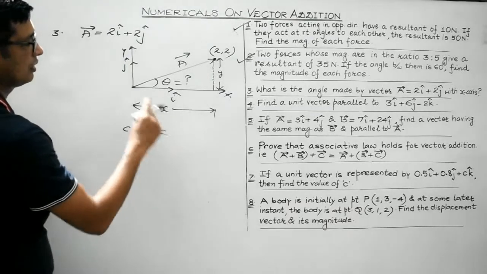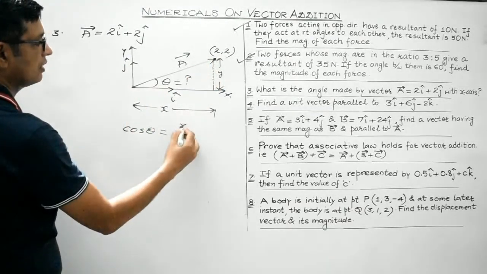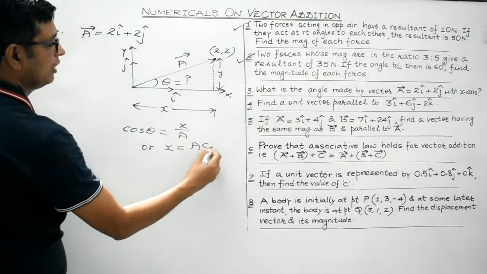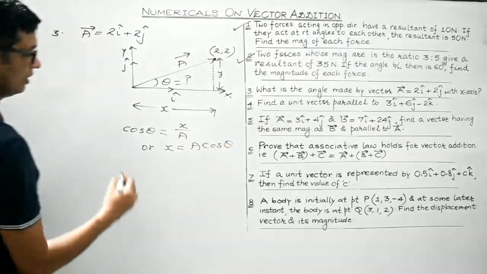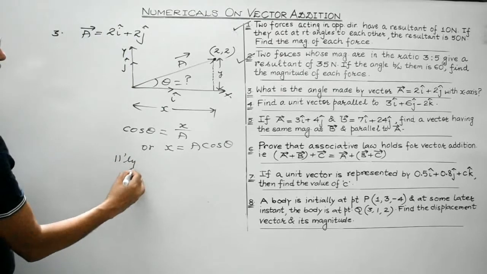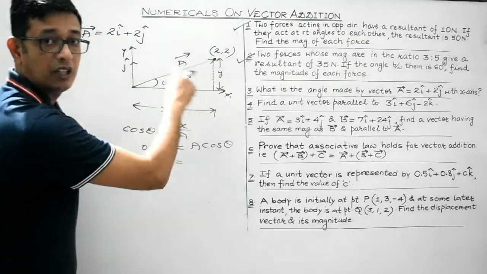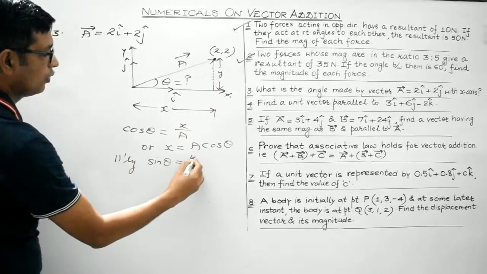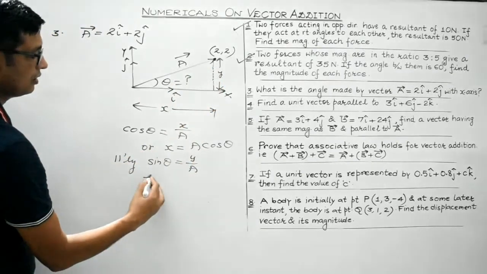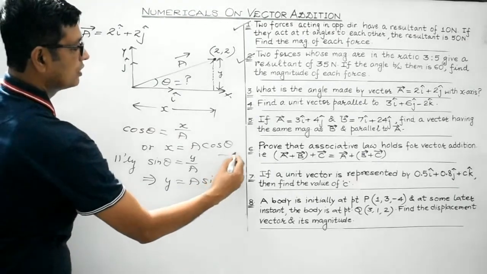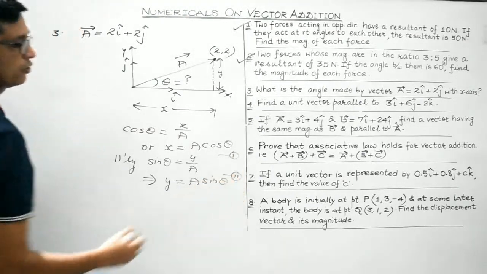Cos theta is equal to base over hypotenuse, that is x by a, or x equals to a cos theta. Similarly, students, if you consider sine theta in the same triangle, sine theta is perpendicular by hypotenuse, that is y by a. So what do you get? Y is equal to a sine theta. Put this as equation 1 and this as equation 2.